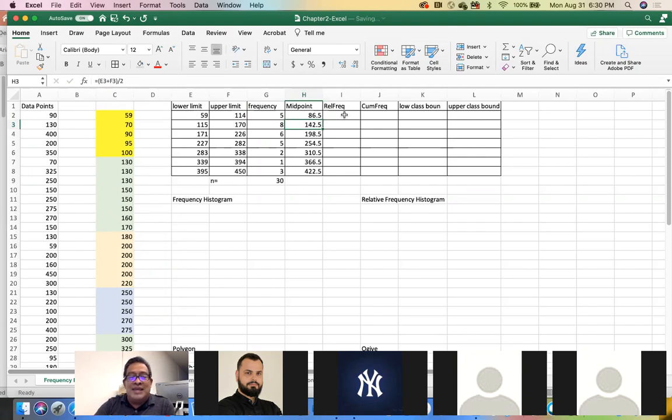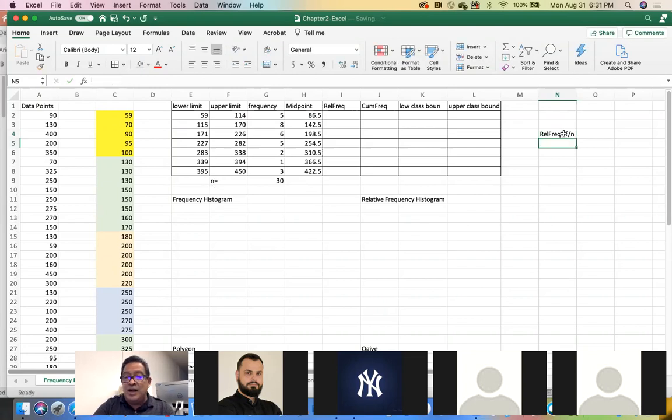When it comes to the relative frequency, the relative frequency is going to be equal to the frequency, so this number, divided by the sample size. And remember, the sample size is n.